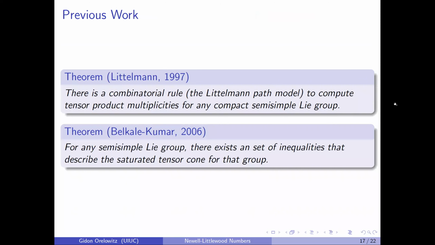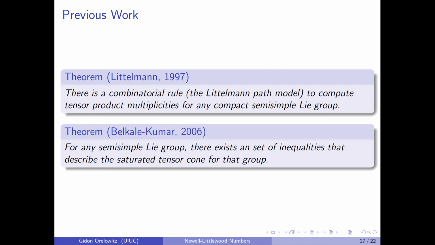So before we talk about the main result, which is an extension of the Horn inequalities, I just want to quickly plug some work that was done before us that is also worth mentioning. In 1997, Littelmann came up with the Littelmann path model, which is a way to compute tensor product multiplicities for any compact semisimple Lie group. So that is an extension of our result in a couple of different ways. Firstly, the classical groups are a subset of these groups.